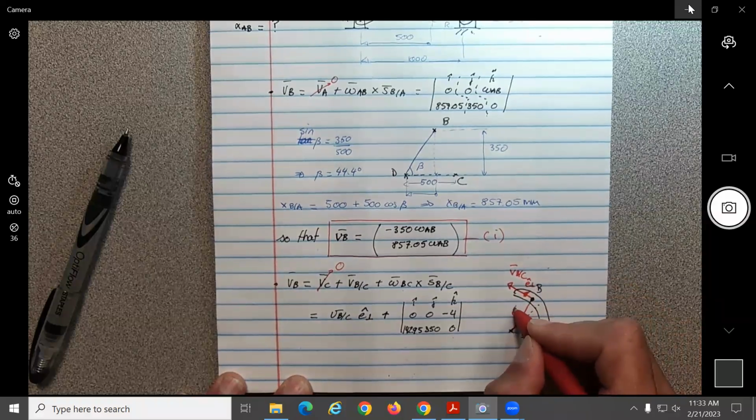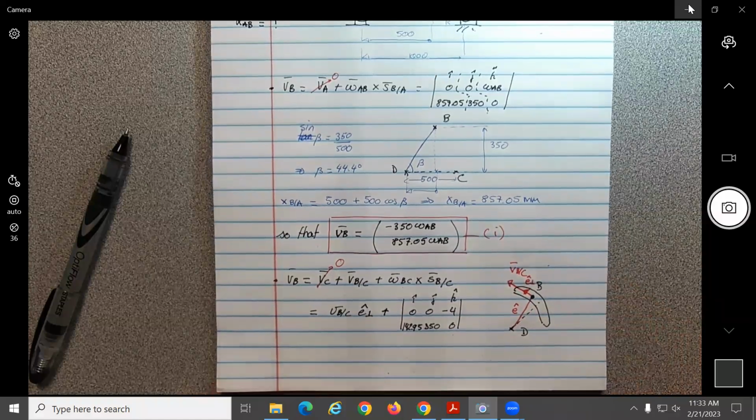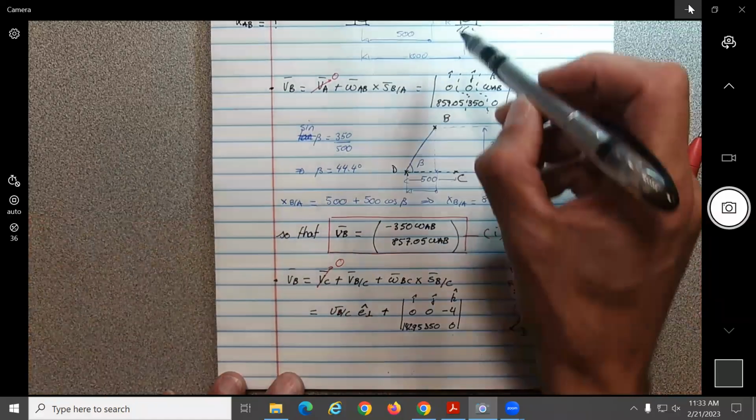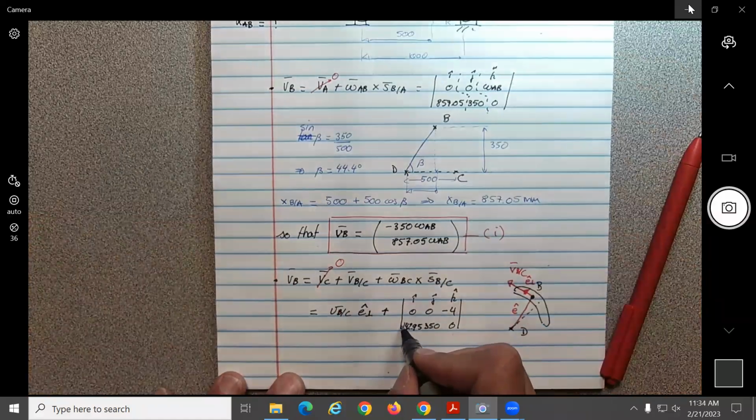The E, no? Yes. Okay, I didn't pay attention. So position of B with respect to C, you are correct. Negative. Thank you.